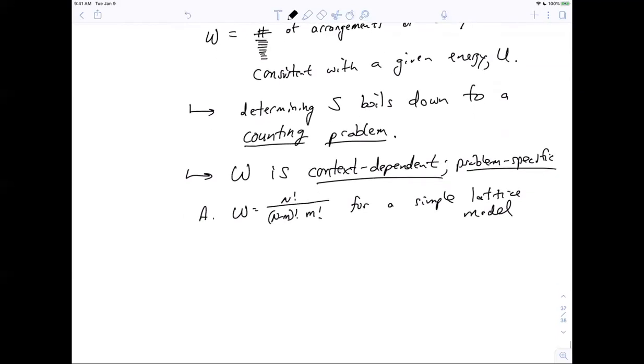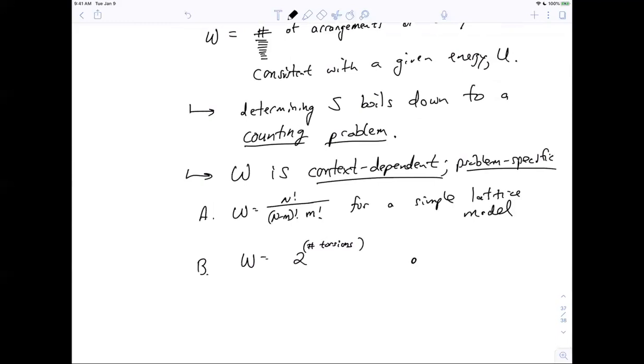And if we had a polymer, where we had rigid bonds and rigid angles and only torsions, where each torsion could only take one of two conformations across the bond, so cis or trans, we saw that for a polymer, W turned out to be 2 raised to the number of torsions.